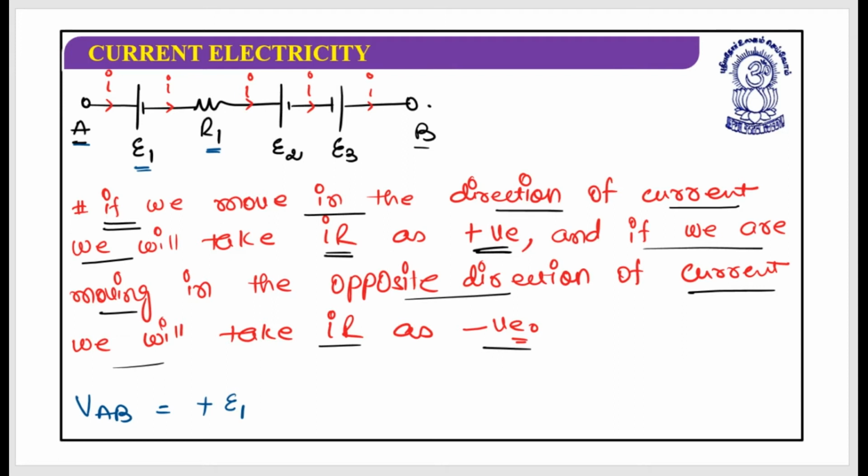Am I moving in the same direction as the current? Yes, so I will write I into R1. Then a battery, positive terminal, negative terminal, that is plus E2. Then again going ahead, it's a negative terminal, so minus E3, and that's it. You did it.